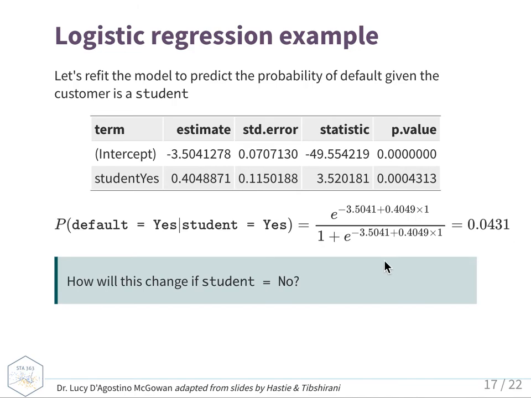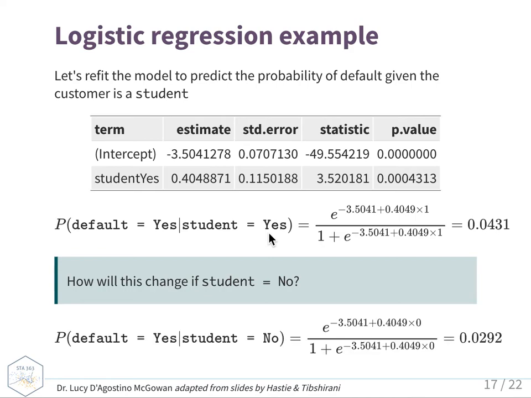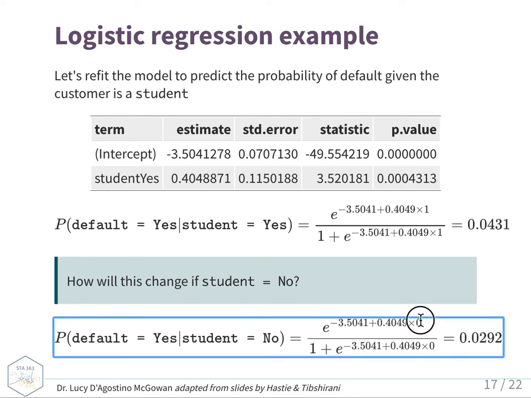Now how would this change if student equals no? If I wanted the probability that default equals yes given student equals no, what do you think would change? I would change my x to be 0, and that's going to just cross this whole part out.